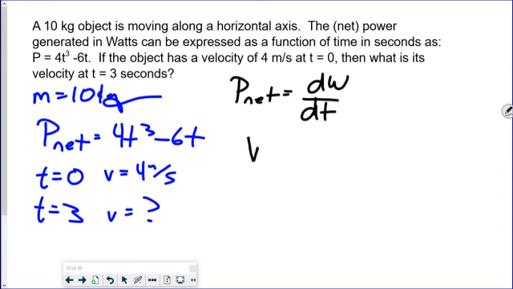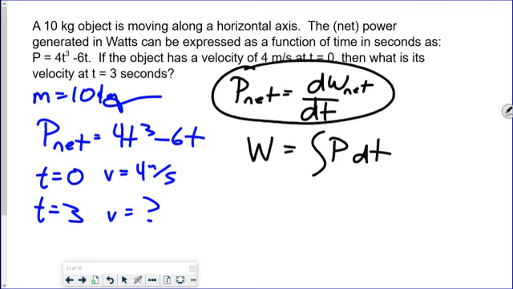The work done is the integral of power with respect to time. That's just integrating both sides of this equation. The nets don't have to be there for that equation to be true.